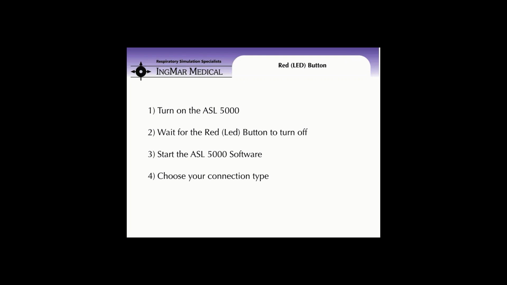Once the red light turns off, it is ready to accept the ASL 5000 software, which is on your computer. Then you will be prompted to choose your connection type to the ASL 5000.